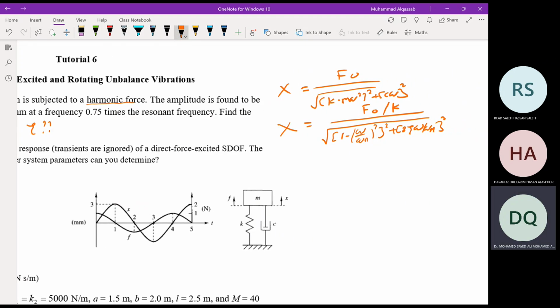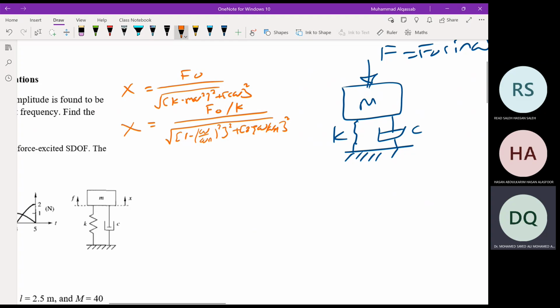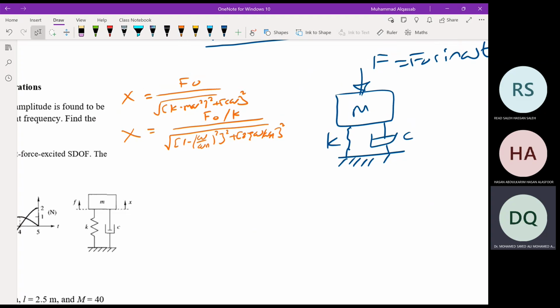There will be 2 unknowns: F naught over k is one unknown, and zeta is the second. F naught over k appears in both equations as a ratio, so it becomes one unknown. So you will have 2 equations with 2 unknowns.